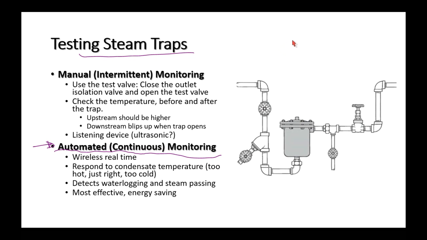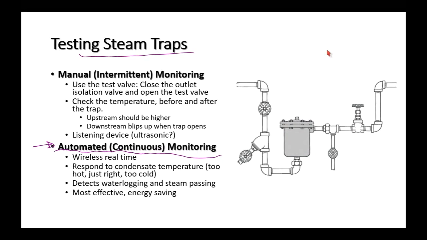Now we want to recover that latent heat of evaporation in some kind of a heat exchanger. And if we are blasting steam into the condensate lines, we've got a real problem. Number one, we can get water hammering the condensate lines, and number two, we're not using the energy that we paid for. So there's a huge cost and a huge efficiency loss in having steam traps that pass steam.